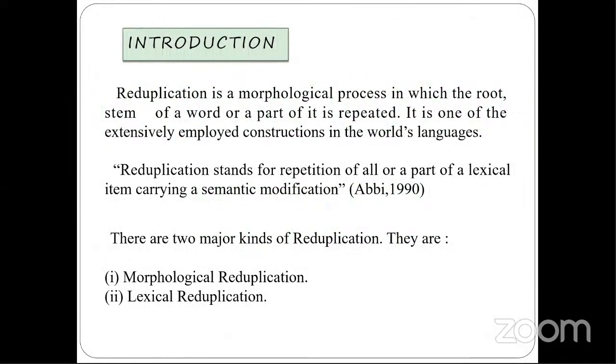Reduplication stands for repetition of all or part of a lexical item carrying a semantic modification. This is a definition given by Abbey 1990. And there are two kinds of reduplication. It can be broadly described as morphological reduplication and lexical reduplication.